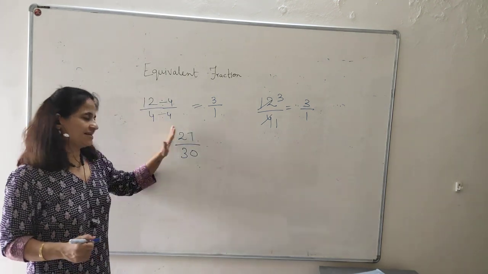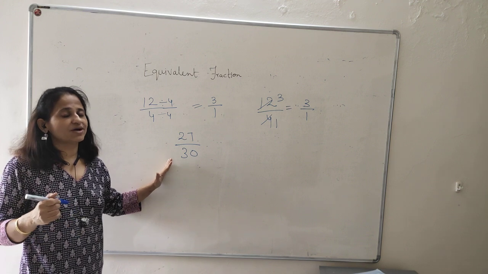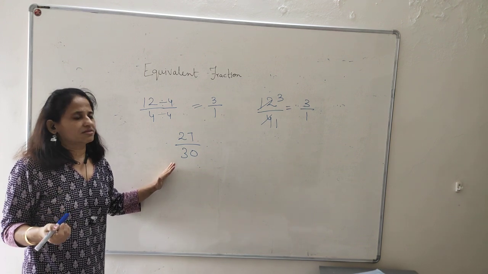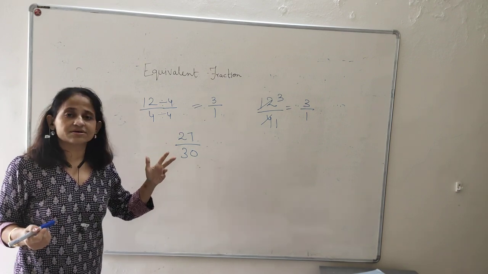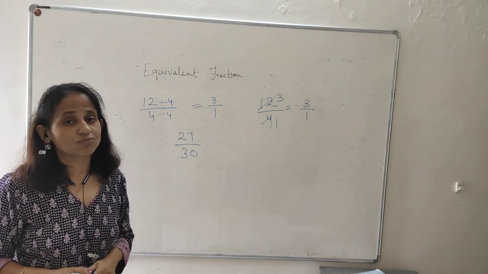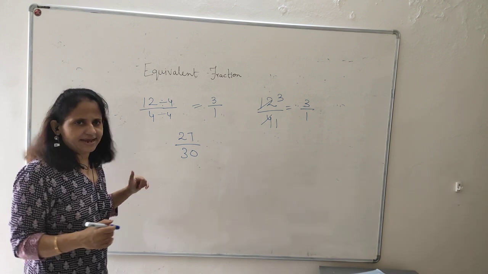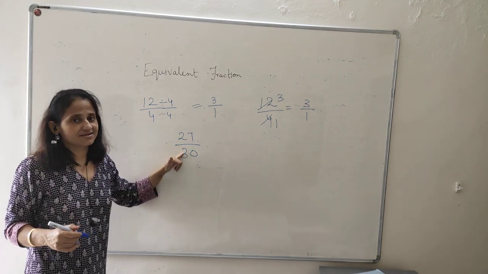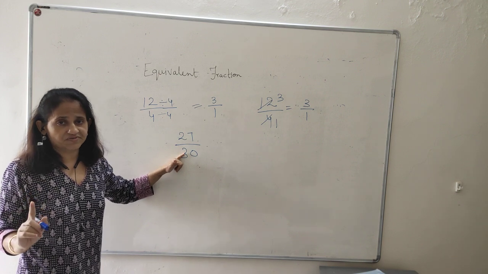Now 27 and 30. I need to find their common factor. Which number comes in both tables? See, I can take 9. 27 comes in the table of 9, but 30 doesn't come. So 9 is not the common factor.